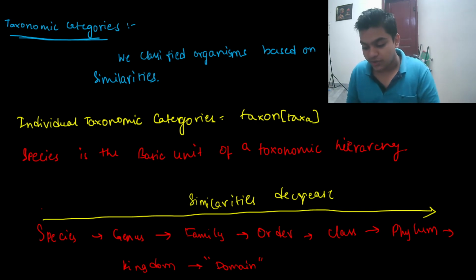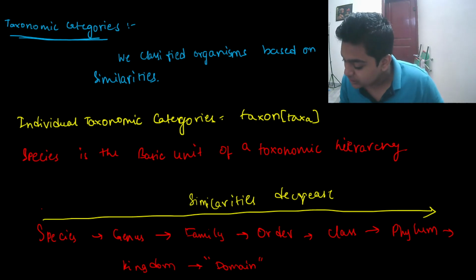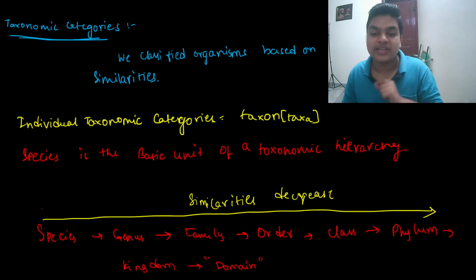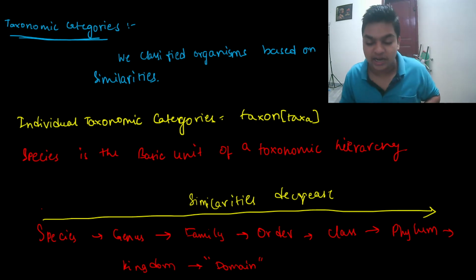Okay, so we have some other points which we have to cover. Please read the NCERT. That is very important. I've just told you the basic idea of these taxonomic categories. I haven't gone much deeper into it because we are already lacking in the syllabus.